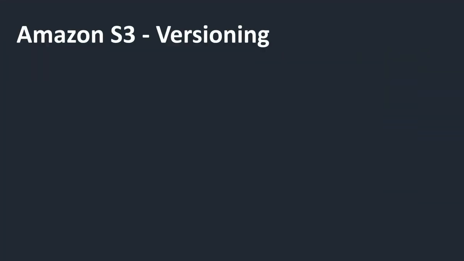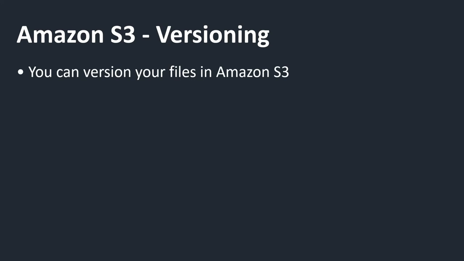So now let's talk about Amazon S3 versioning. Your files in Amazon S3 can be versioned, but it has to be enabled first at the bucket level. We will do this in the hands-on.